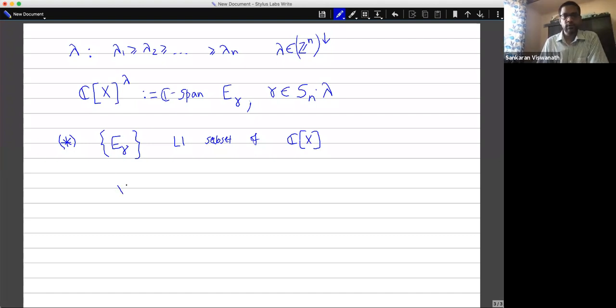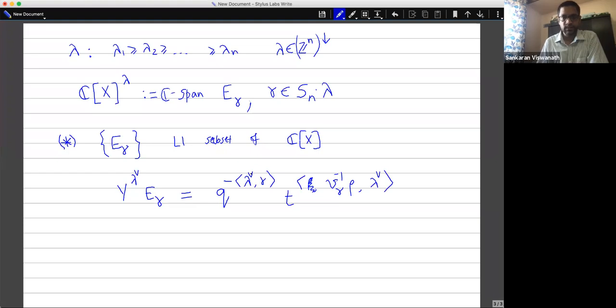If you recall, how did the y's act on your E gammas? A typical y lambda check acting on E gamma produces a monomial in Q and T, which looks like this: minus lambda check gamma T to the rho V gamma inverse rho gamma lambda check.